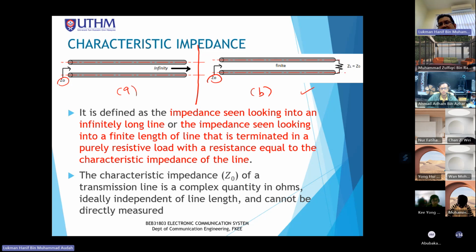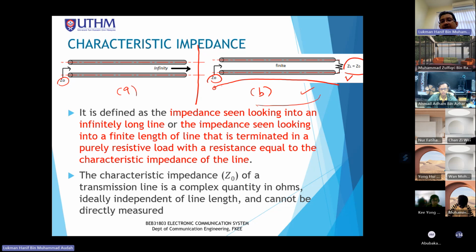So why do we need to make the load impedance similar to the characteristic impedance? Why is it needed? We do this so that the transmission line is lossless, meaning that all the wave transmitted from the source will be transferred to the load without reflection.